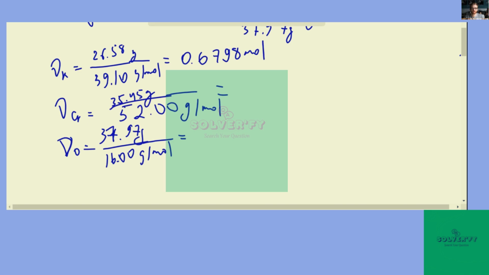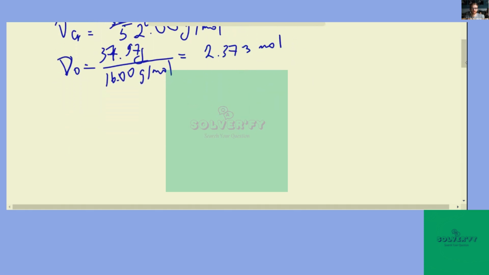For chromium this is 0.6817 moles, and for oxygen it is 2.373 moles.